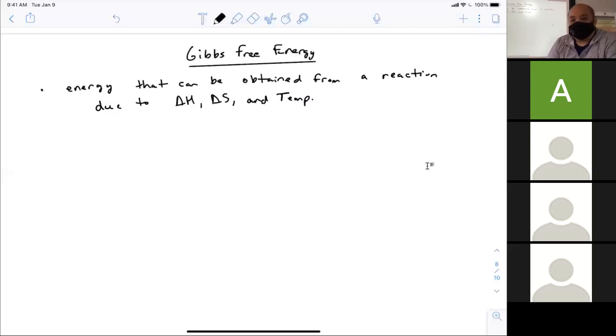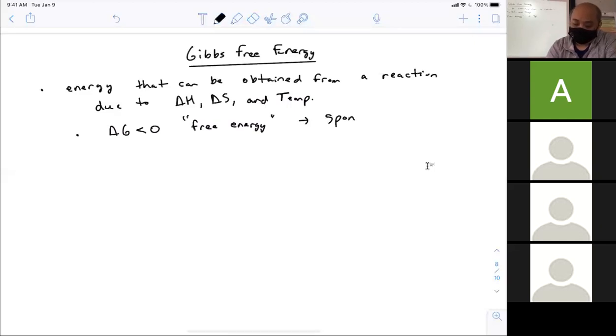When you calculate this, if you have a negative delta G, or I guess delta G less than 0, that means you have free energy in the system, which makes it spontaneous, meaning that when this reaction starts, it will continue until it's all used up, because the reaction is actually producing energy that the reaction can use to keep it progressing and propagating forward.